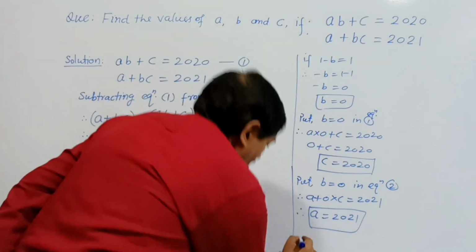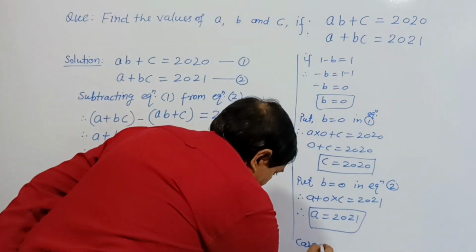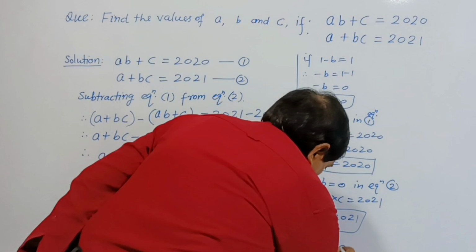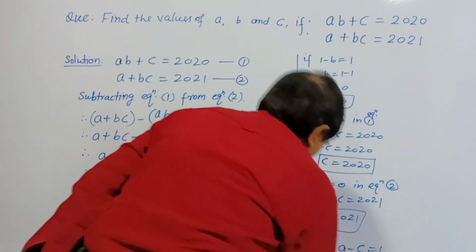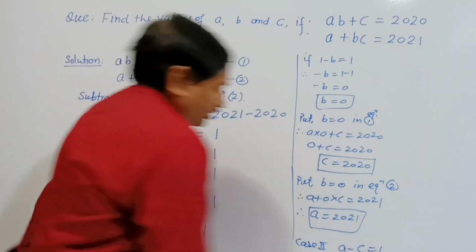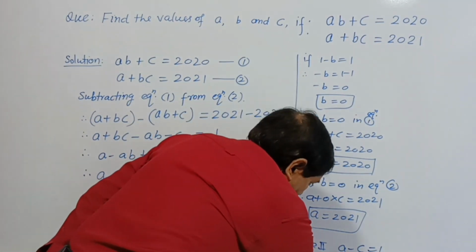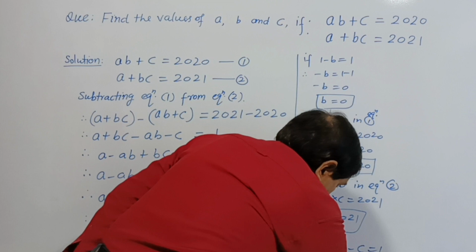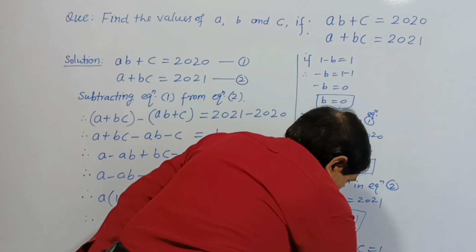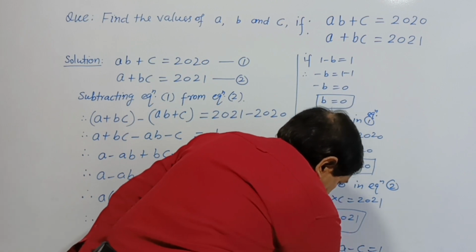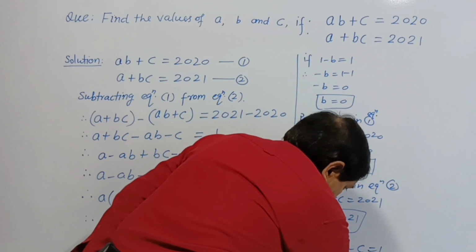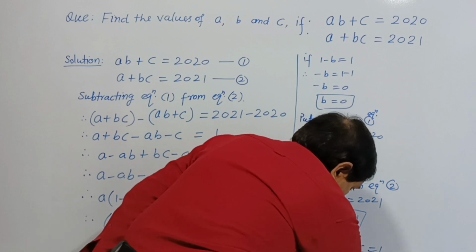So case 2 is verified: A minus C equals 1. What is the value of A minus C? Therefore 2021 minus 2020 is equal to 1. So 1 equals 1, that is LHS equals RHS.